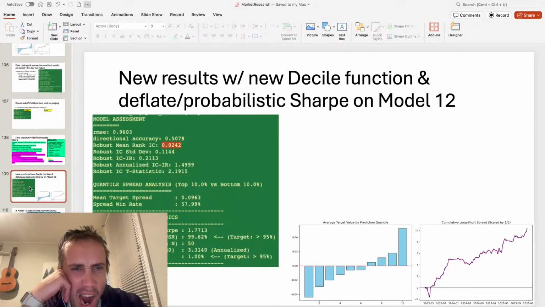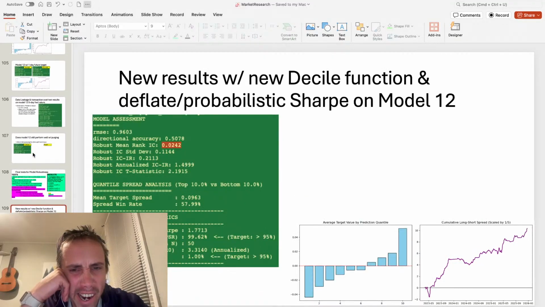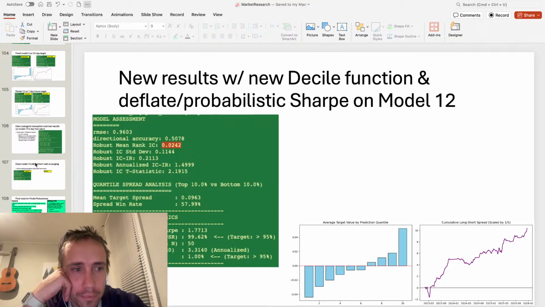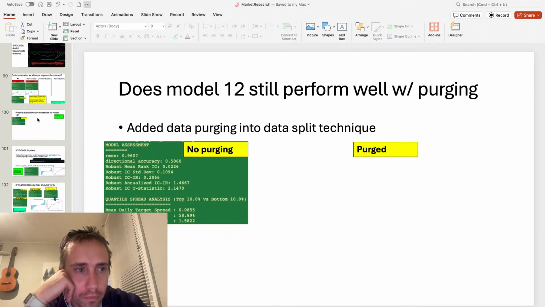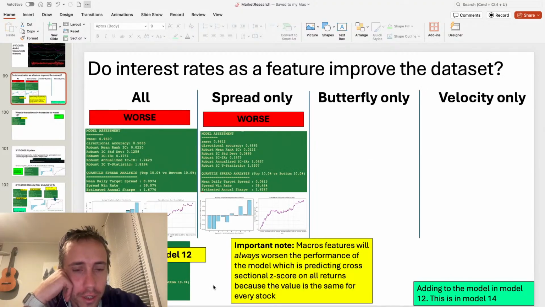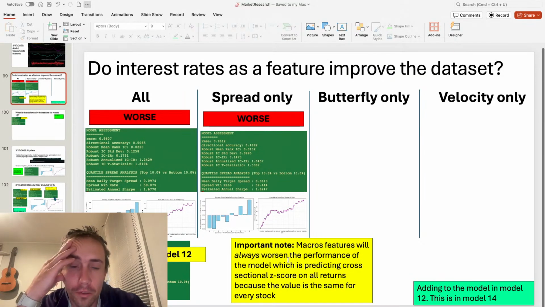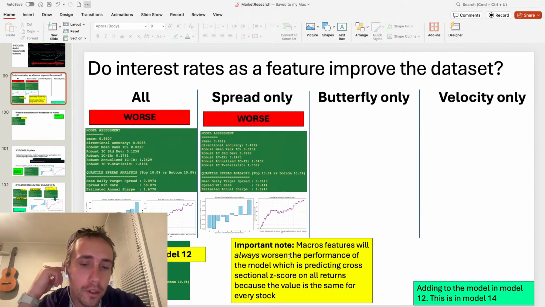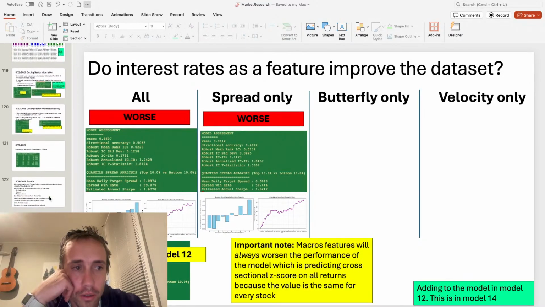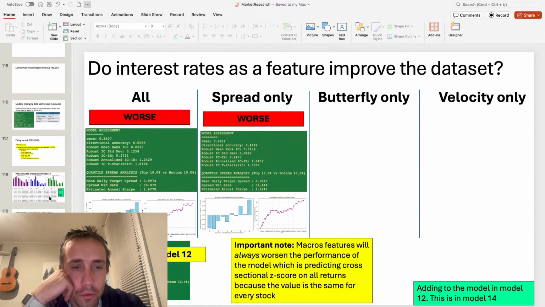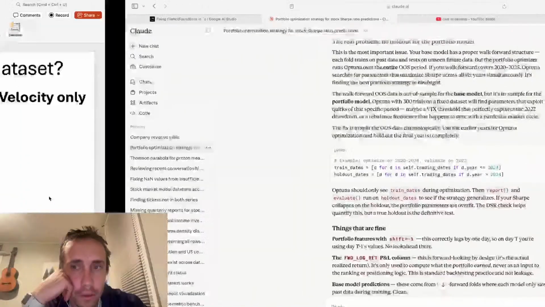Oh yeah, so rate features were important. Okay, so this was my conclusion. Macro features will always worsen the performance, which is predicting cross-sectional z-score on all returns, because the value is the same for every stock. That's true, but the problem with rates is they're not changing very much.